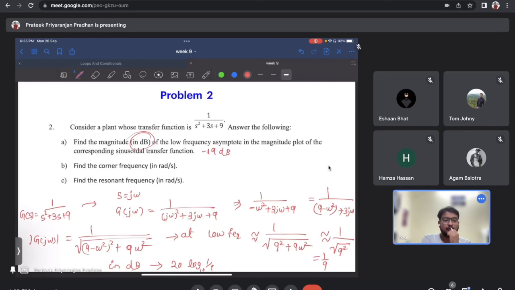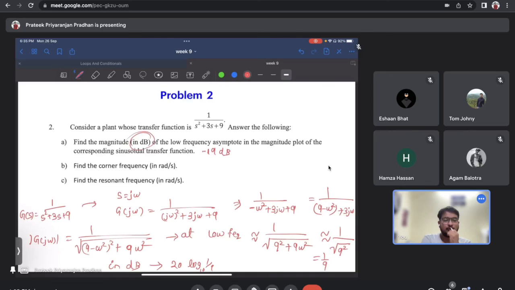What I have told many times is that in a frequency domain plot, when it is a logarithmic scale, omega equal to 0 does not exist because log of 0 does not exist. That's why this is out of the question now. Then if you equate it, omega is equal to root over 9 by 2. This is the resonant frequency, omega r, which is around 2.12.